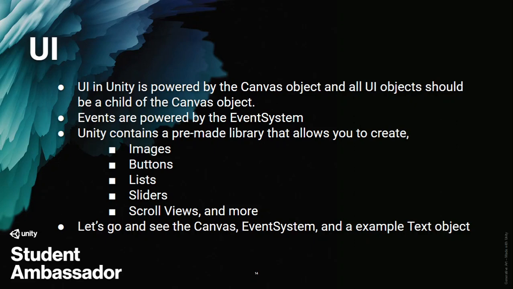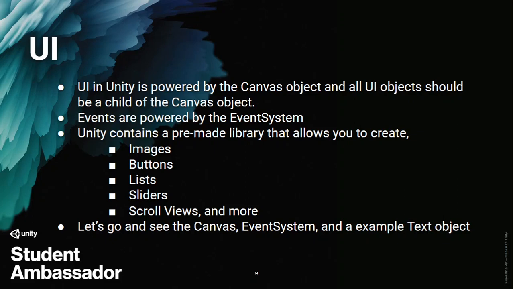The event system is also a component on the canvas, and that handles events. So whenever you move your mouse, the event system is tracking where your mouse is, and it's sending out raycasts. So it's basically just sending out a line to wherever your mouse is and looking for any objects that it can collide with, like buttons or scrollable views or anything like that.